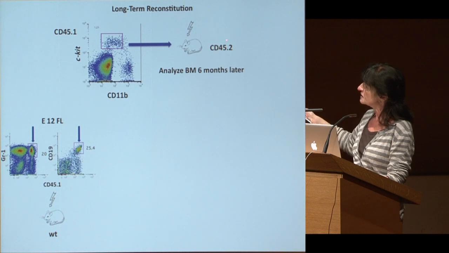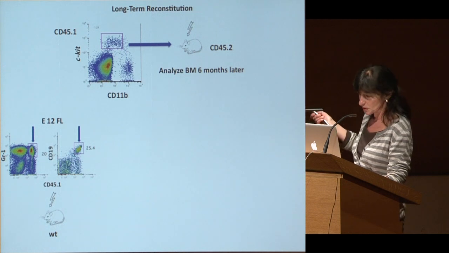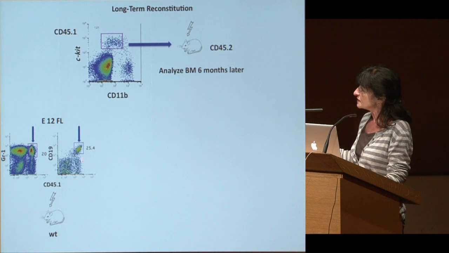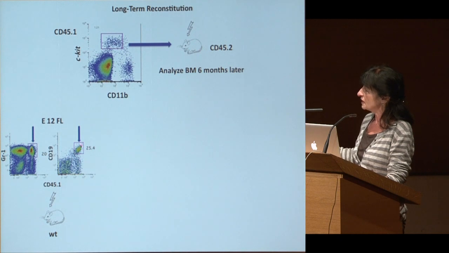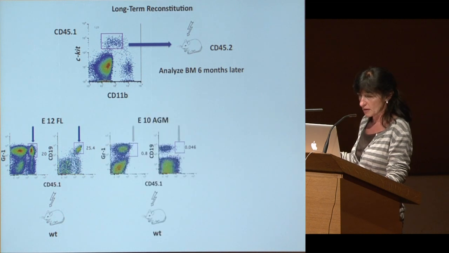We inject the cells, and then we follow up the bone marrow 6 months later. This is the general test for long-term reconstitution. This is the result when you take fetal liver cells and inject them into a wild-type mouse: donor-derived cells detected by the CD45.1 marker.